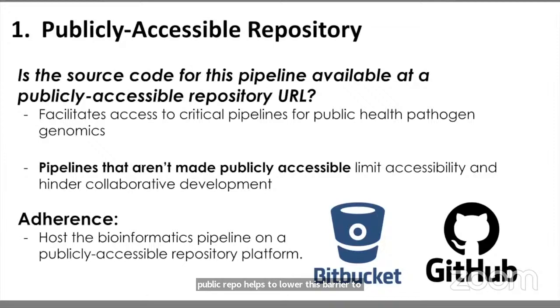And today, there are so many free-to-use platforms that can host bioinformatics pipelines. So if you're writing a pipeline that's meant for broad adoption in public health, there's really no excuse not to have your source code hosted on something like GitHub or Bitbucket. So to adhere to this practice, host your pipeline on a publicly accessible repository platform. Simple enough.